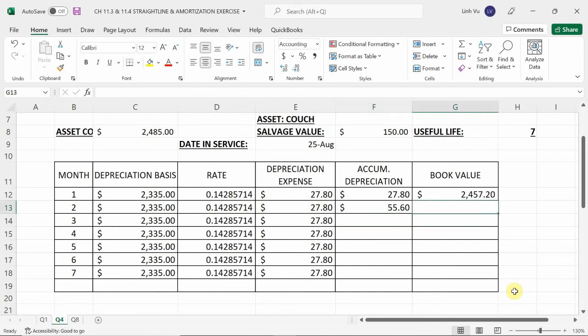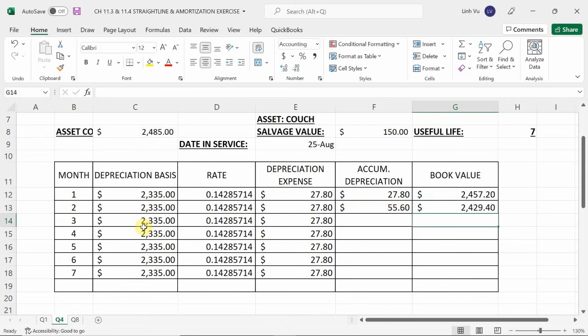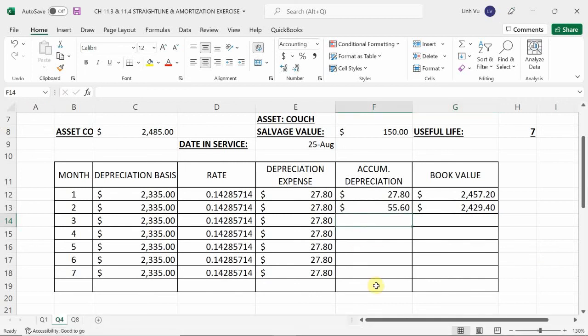Now how do we get the book value? It's cost minus accumulated depreciation. 2,485.00 minus 55.60 is 2,429.40. Good. Now what about the third month?